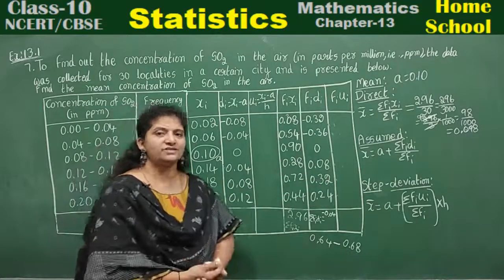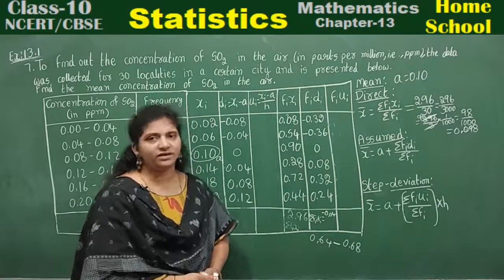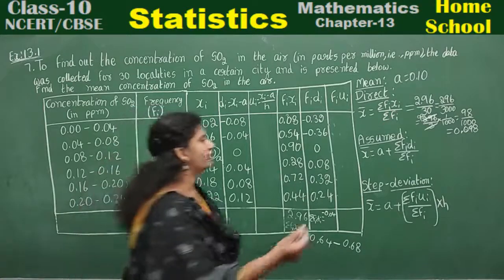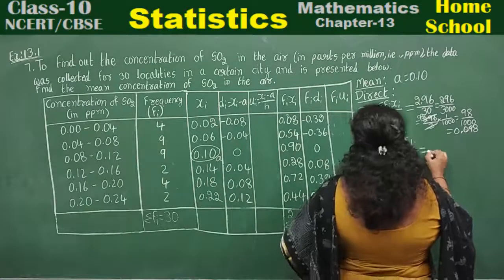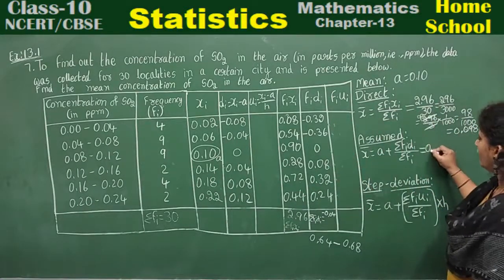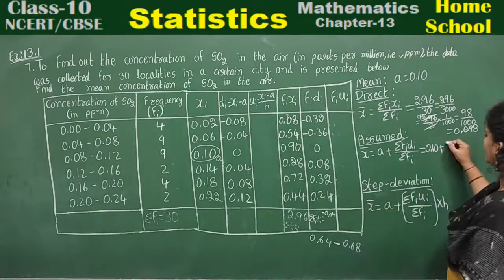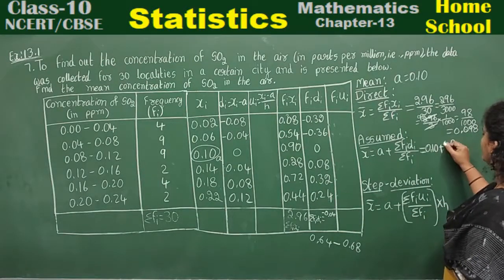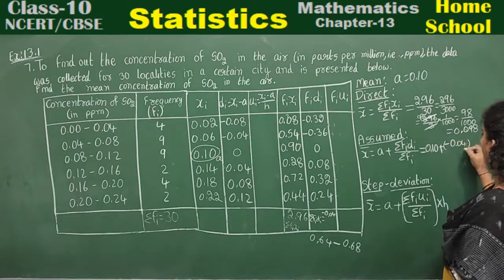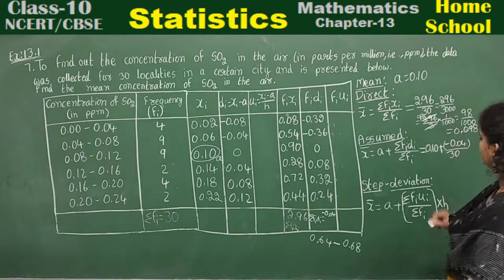Assumed mean method: x bar is equal to a plus summation Fi di by summation Fi. That is equal to a value 0.10 plus minus of 0.04 by 30.